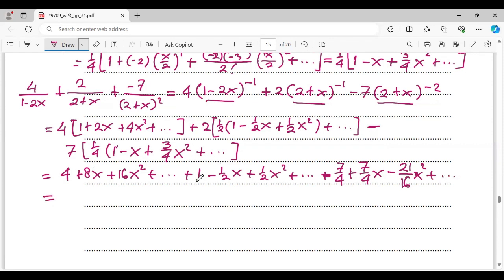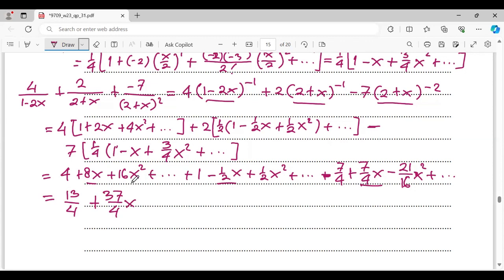Next, 4 plus 1 minus 7/4, I have calculated already, 13/4. And then 8x minus half x plus 7/4 x is 37/4 x.